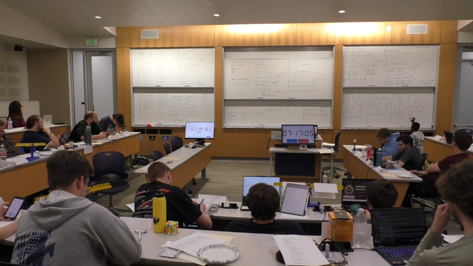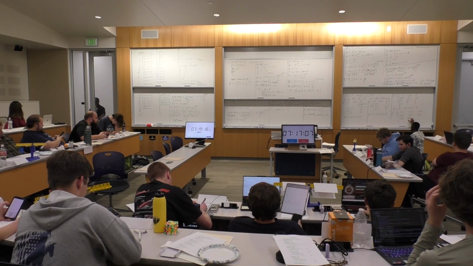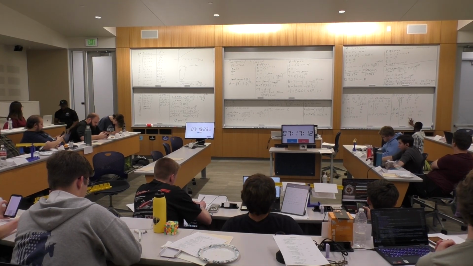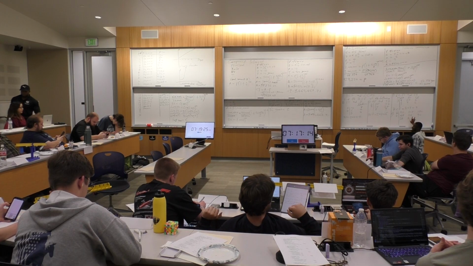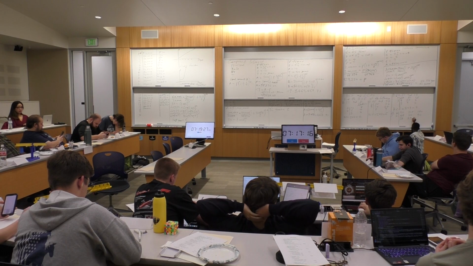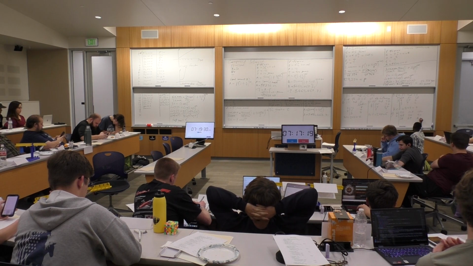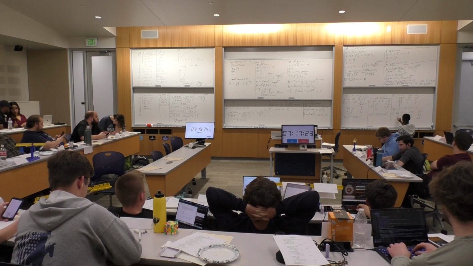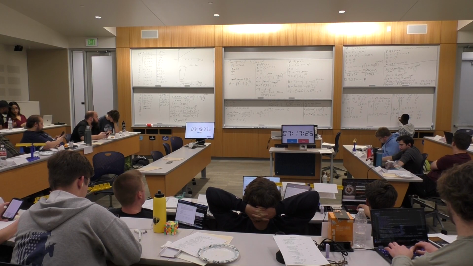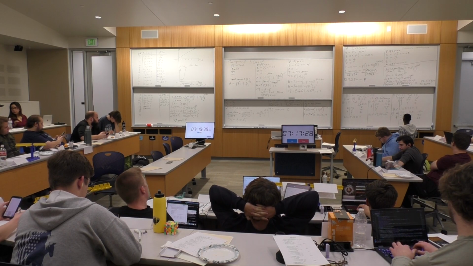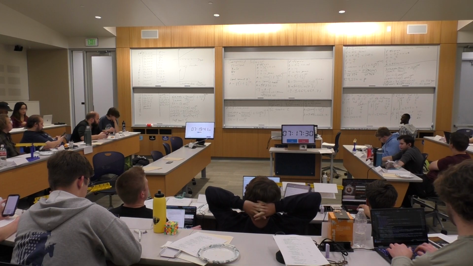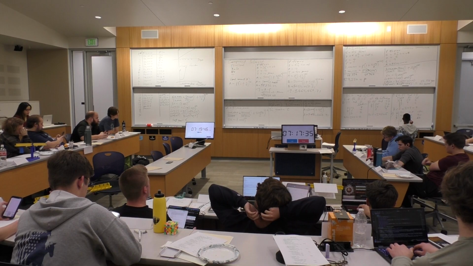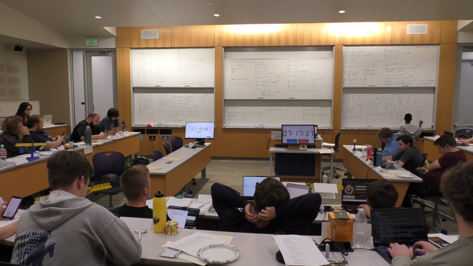We have 24 here, 27 here, and 45 here. Good. What else can divide through? 3. 24 divided by 3 is 8, 27 divided by 3 is 9.